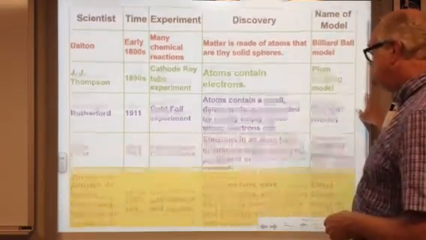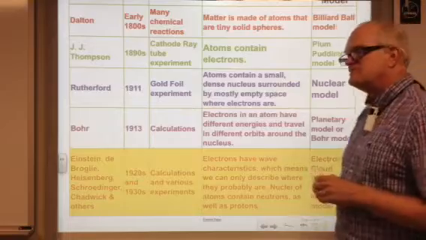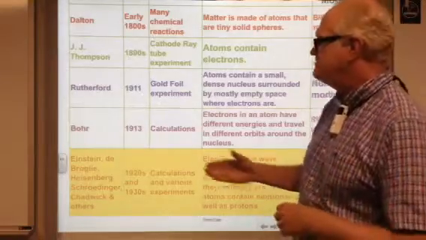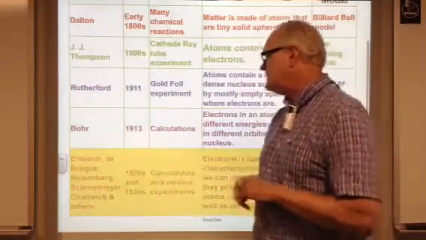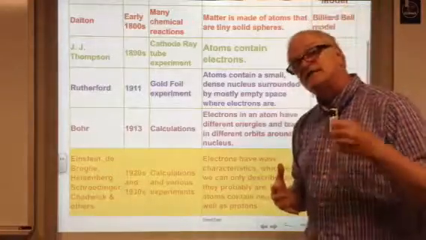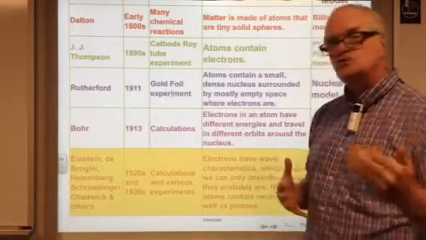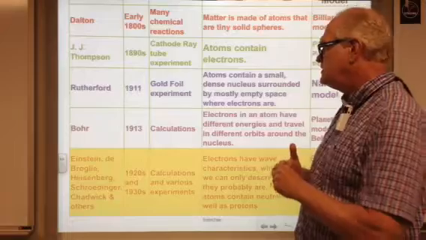And that led to a whole bunch of other information, which was gathered from the work of Einstein, a fellow named de Broglie, Heisenberg. Yes, Heisenberg's a real guy. Schrodinger's also a real guy.